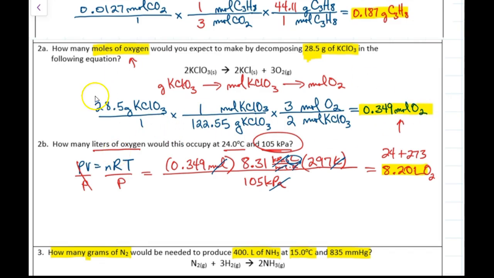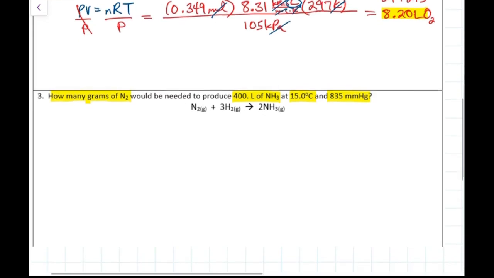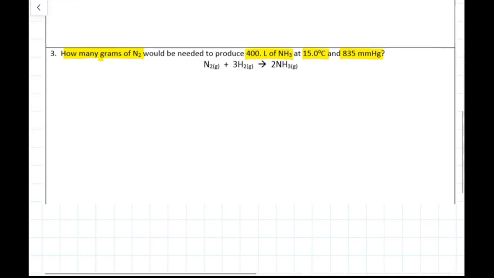We started with stoichiometry and then we used the ideal gas law to find liters. So if I look at question 3, which problem, 1A and B or 2A and B, in other words, number 1 or number 2, is this problem closer to? If I'm asking you for grams and starting you with volume, temperature, and pressure.